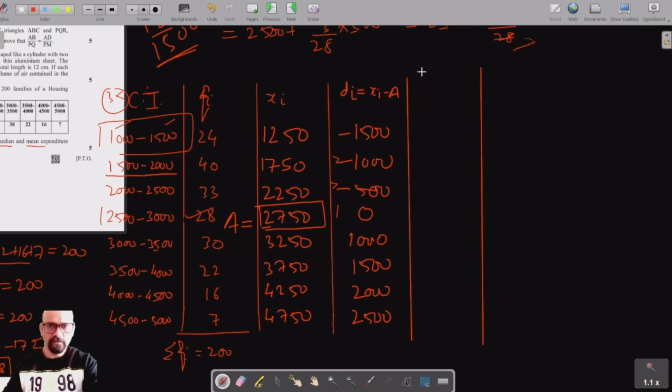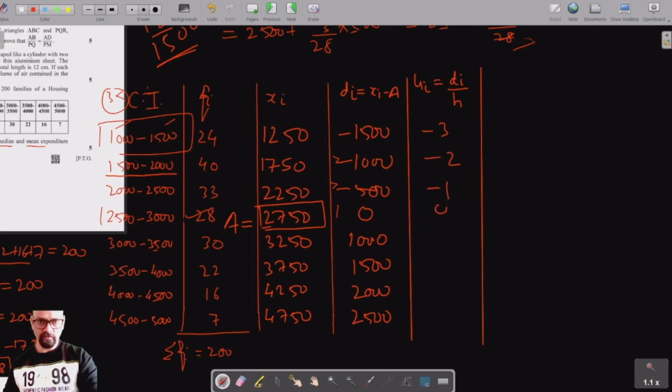Now let's calculate ui for another column, which is ui equal to di divided by h. h is the class size, which is 500. So each of these terms is divided by 500: negative 1500 by 500 is minus 3, then minus 2, minus 1, 0, and after 0, 1, 2, 3, 4, 5.